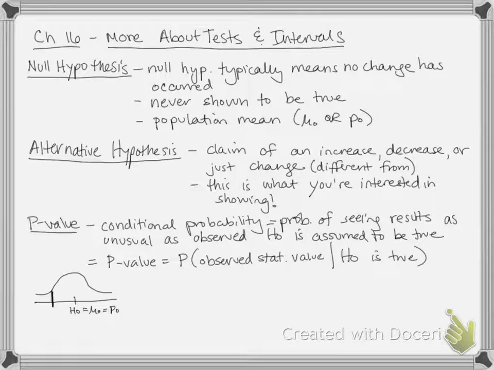Well, down here would be our test statistic, so this would be our x bar or the p hat from the sample. And this shaded area here is going to be my p-value. So it is literally the probability of seeing something further away from the mean than my sample data.